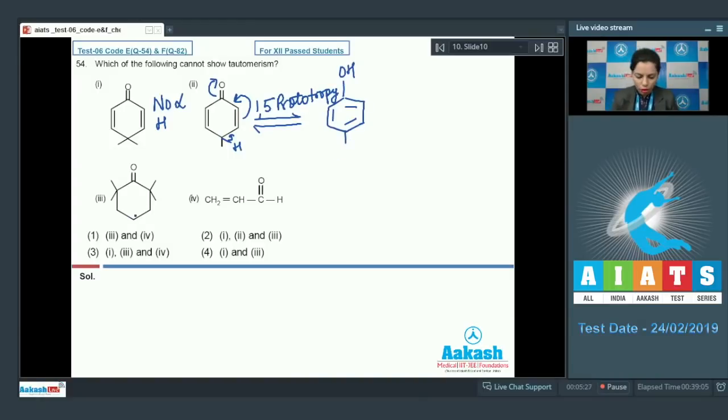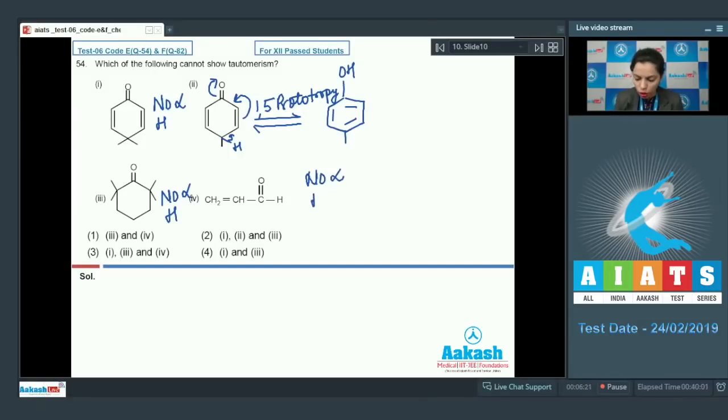Due to that 1,5 prototropy, it is forming its enol form, and that's why it is showing tautomerism. Further, if I talk about the third option, in the third option there is the keto group and alpha to this there are 2 carbons, but you can clearly see there is no alpha hydrogen atom. That's why no tautomerism. After this, let's check the fourth one also. In this compound, you can clearly see that the carbonyl group is present. This is the carbon, but this is alkene, and in this case this hydrogen is not free for keto-enol tautomerism.